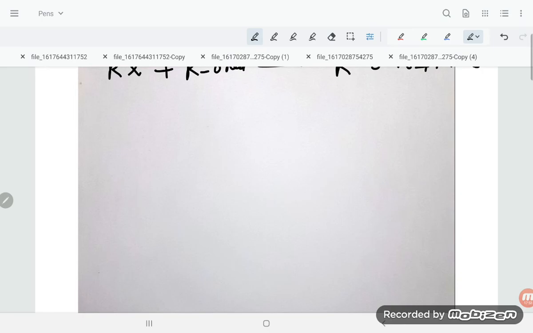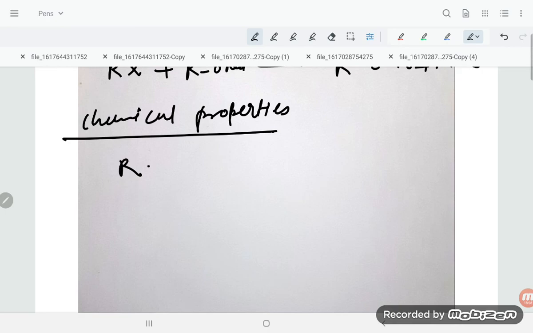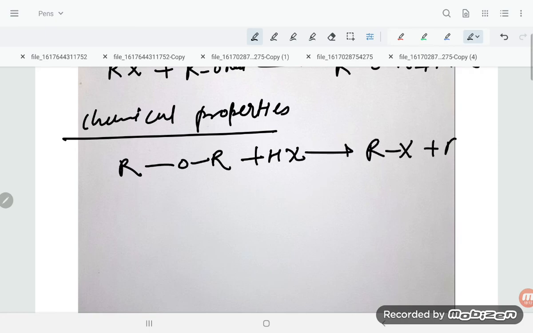Now we are going to watch the chemical properties with the reaction of hydrogen halide. Some chemical properties are very important, student. Here we have ROR, and you are treating with HX, so it will give RX plus ROH.